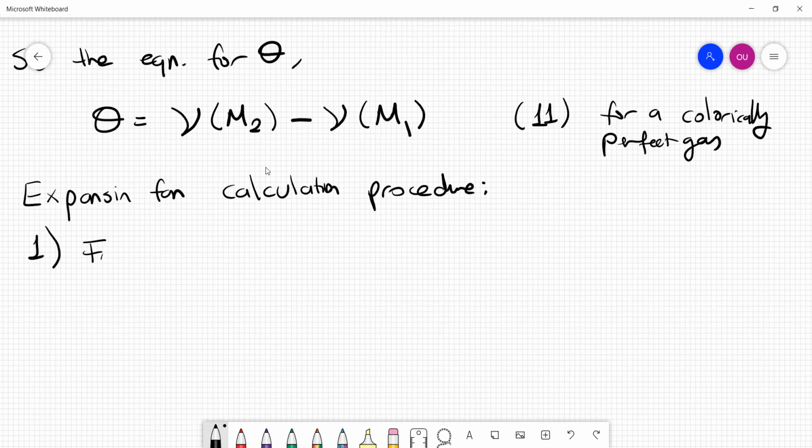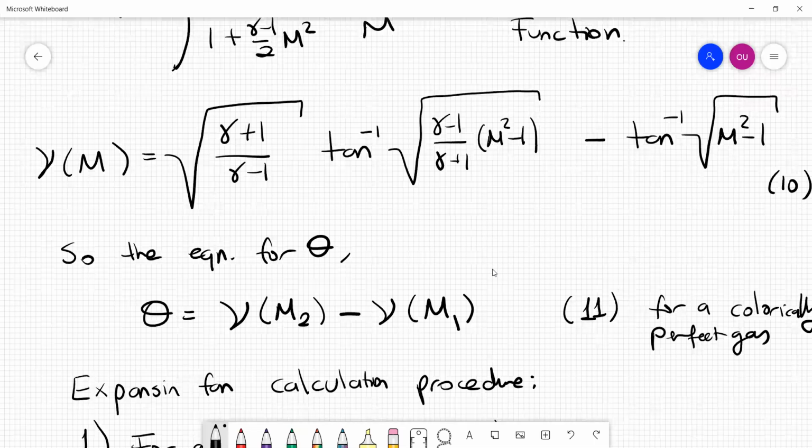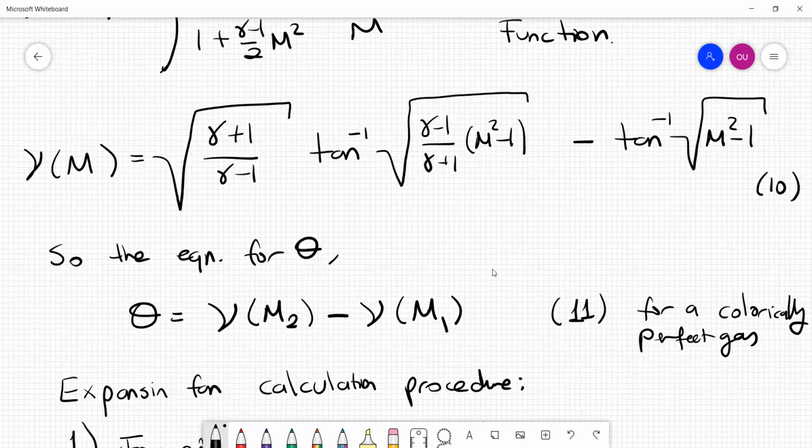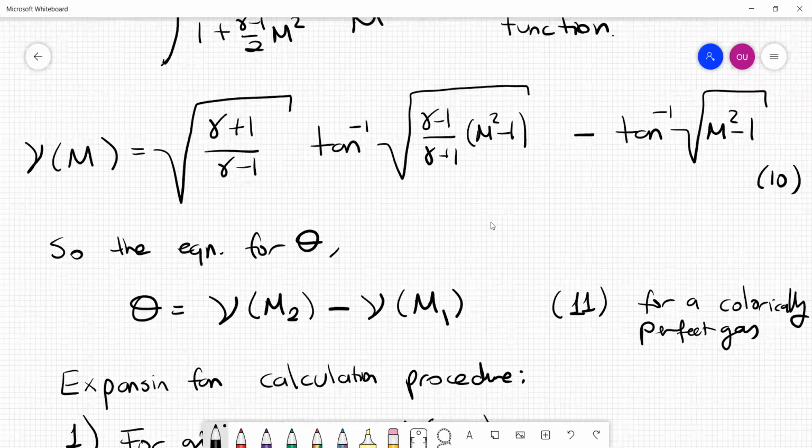So for given M1, we obtain new M1. Obtaining new M1 means just simply plugging M1 into this equation, calculating the new value.